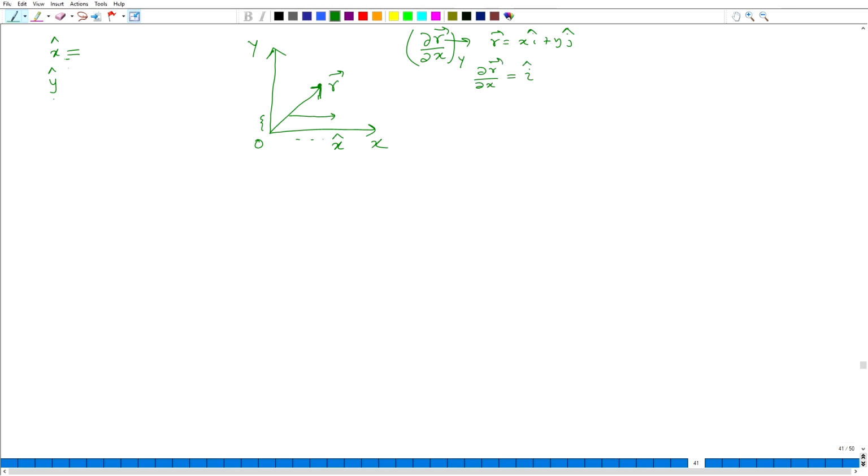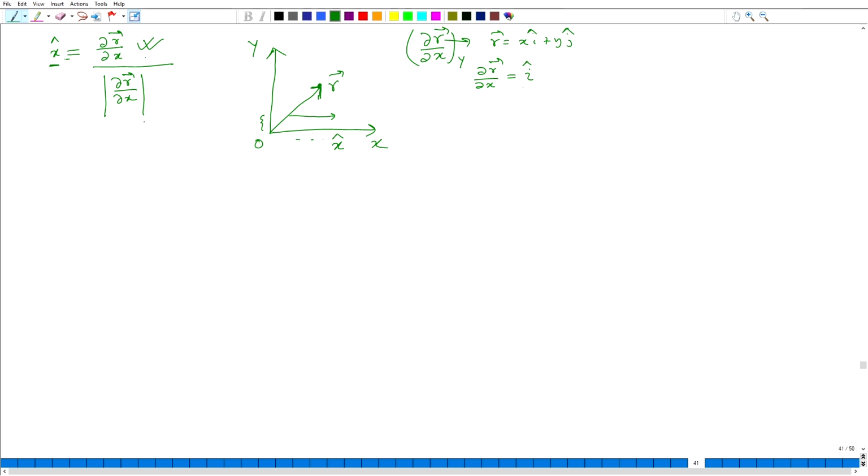So, I want to write this x cap properly, and then I will come to y cap. x cap is del r del x divided by the modulus of del r del x. Since this is a unit vector, the expression has to be divided by its modulus.